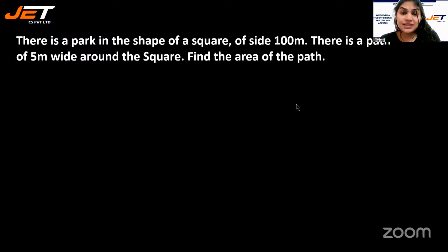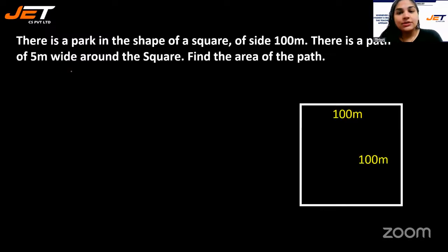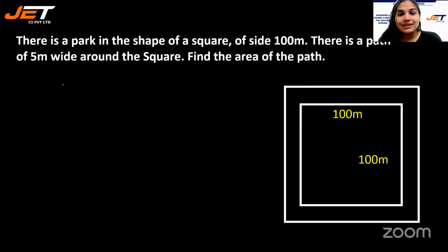So it's not just a square. The square has a side of 100 meters, but there is a path also, 5 meters wide. So this is the park which is square in shape, and this is the path. This path is 5 meters wide.